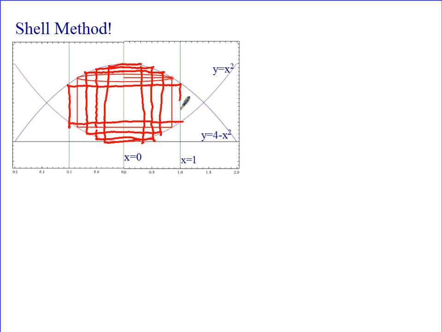So basically, literally think paper tubes. Take a piece of paper, roll it into a tube, and that would be what you would think of as a cylindrical shell. So it is just an infinitely thin shell.